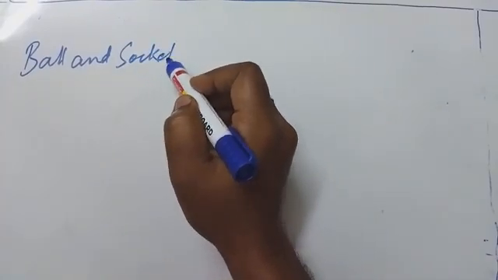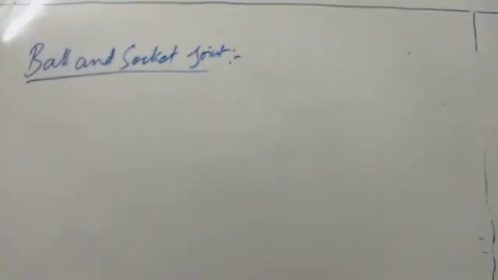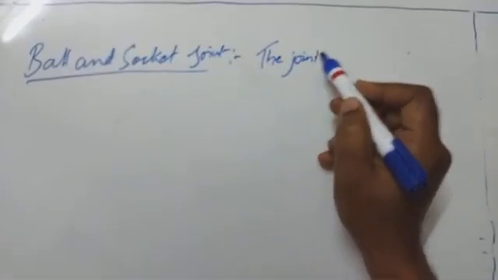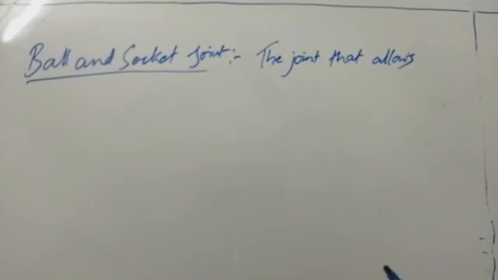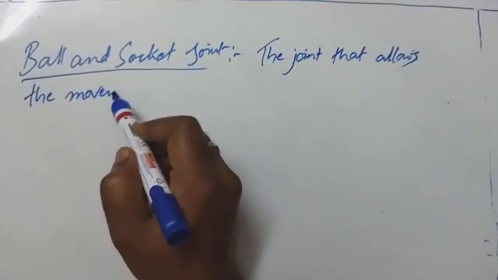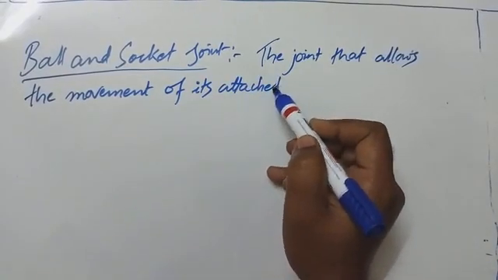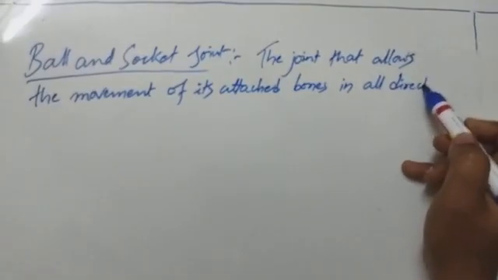What is ball and socket joint? The joint that allows the movement of its attached bones in all directions.